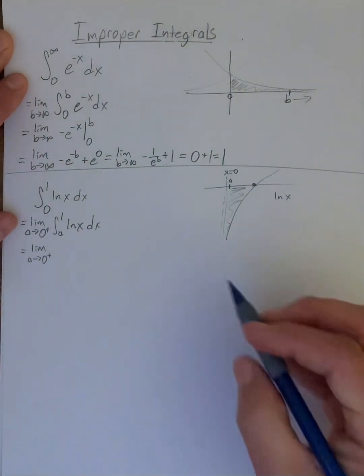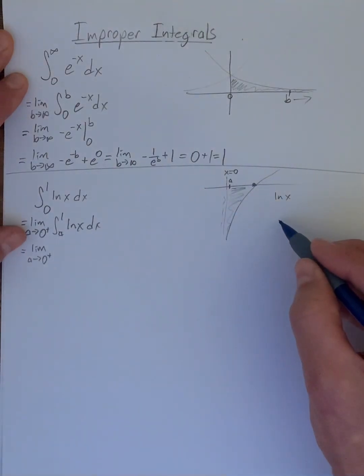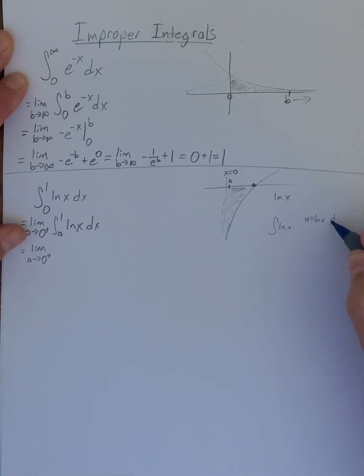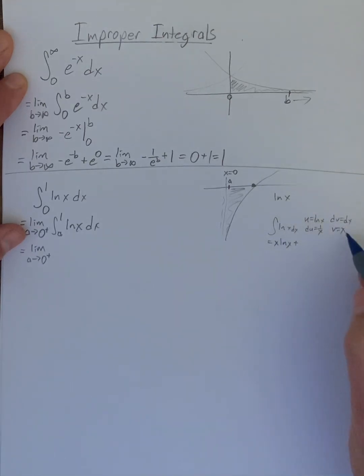You may remember from integration by parts that we actually did this one. I'll do an aside refresher over here. u was natural log of x, dv was just dx, so du could be 1 over x, and v was equal to x. And so we did x natural log of x, minus the integral of v du.